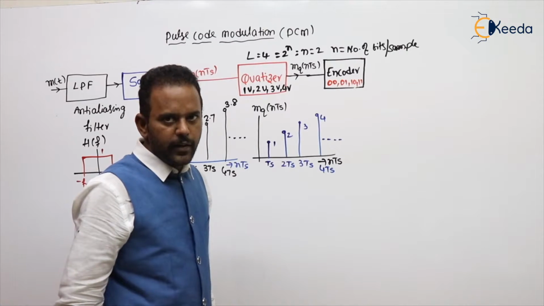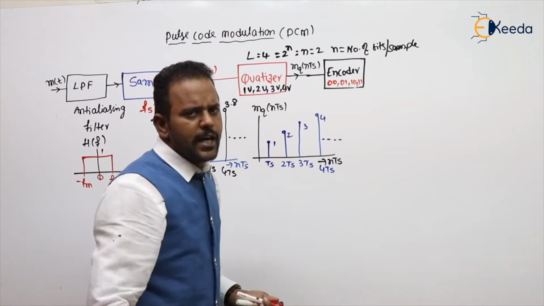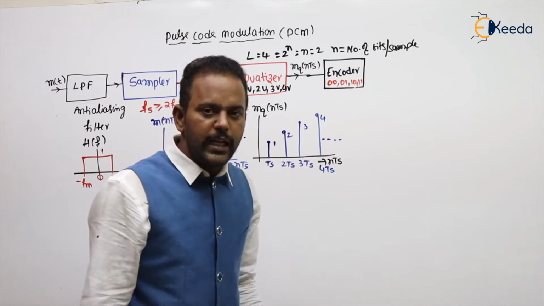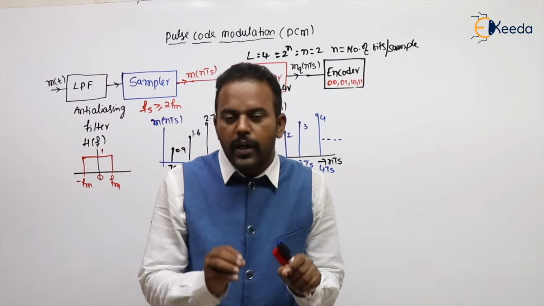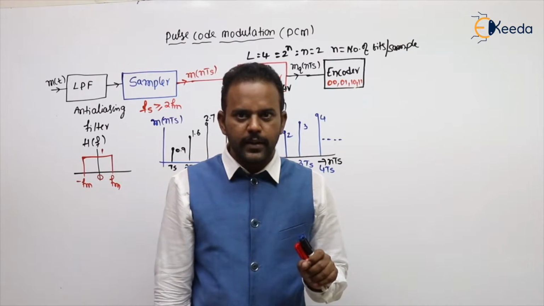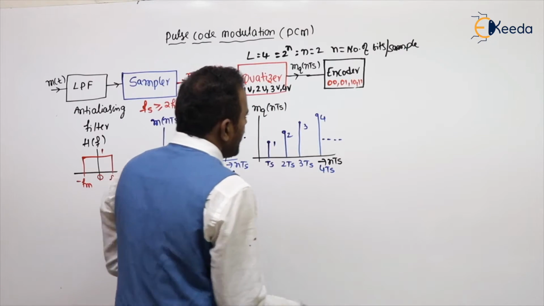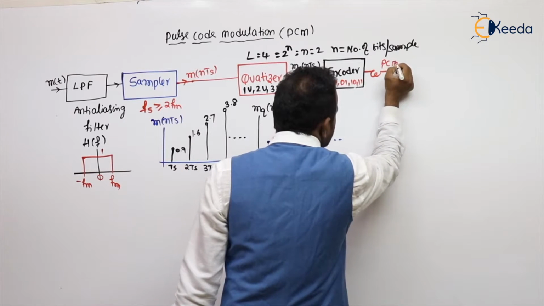Got my point? For example, L value is 8. 3 bits are needed. 2 power 3 is 8. So the work of encoder is, student, it will generate a unique binary code for each and every quantized sample. Now see, encoder output is nothing but, student, the PCM signal.